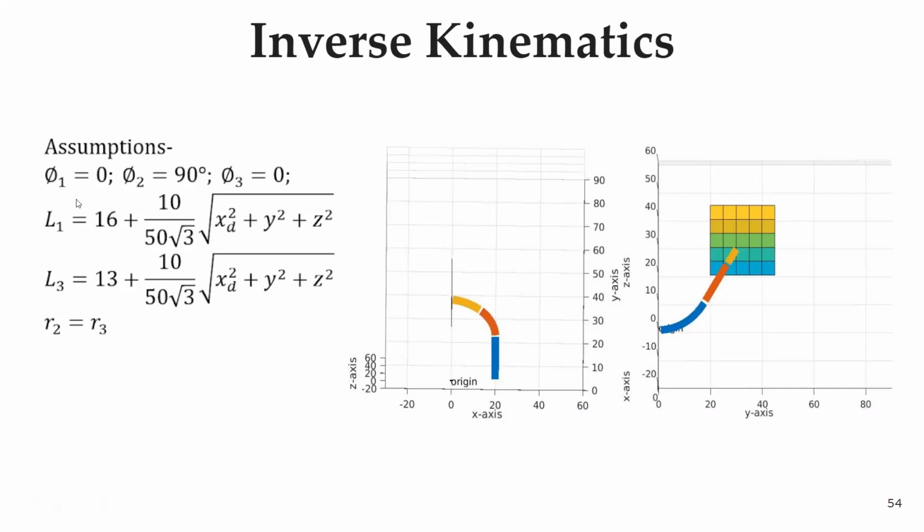So phi 1 equal to 0 basically means that section 1 will curve in the ZY plane only, and it will not move out, as you can see from this view also. And from here on, section 2 and section 3 will curve on this plane only, which makes an angle, say theta. As you can see, the orientation is circular.